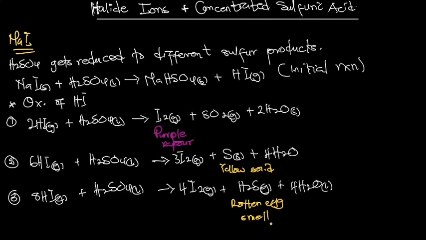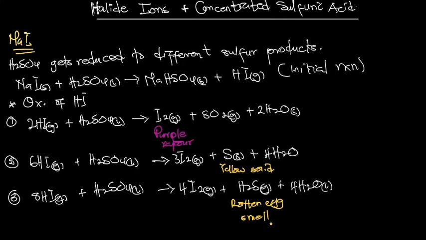So if you have a rotten egg smell, you begin to see yellow solid crystals and you have a purple vapor coming out. That is an indication that you are not getting hydrogen iodide gas, but then it is getting oxidized to iodine, and the sulfate is being reduced to sulfur or hydrogen sulfide.